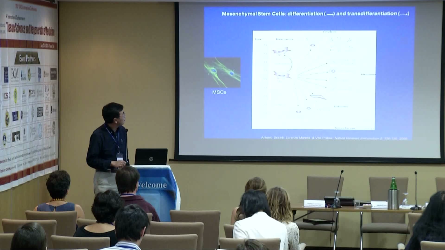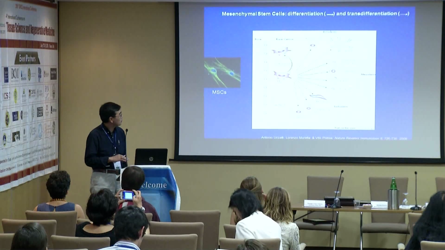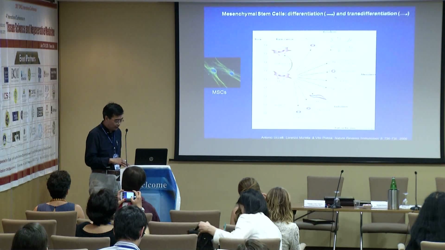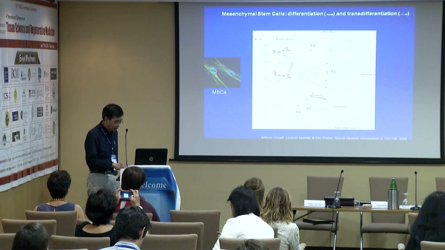So today I'm talking about the mesenchymal stem cell as an example to tell a little bit about adult stem cell aging and regenerative medicine.